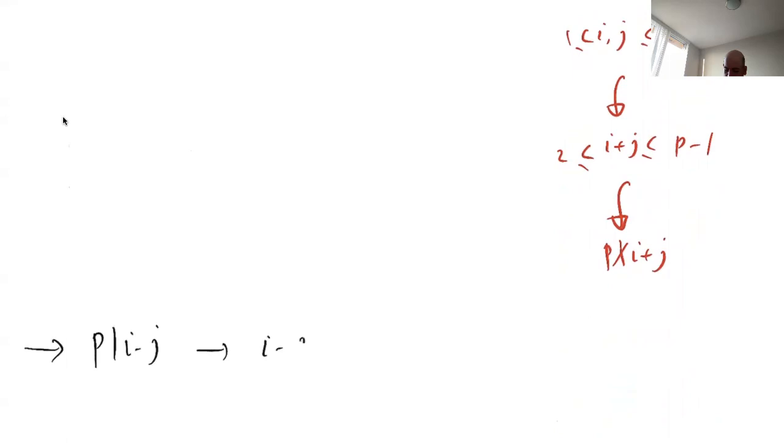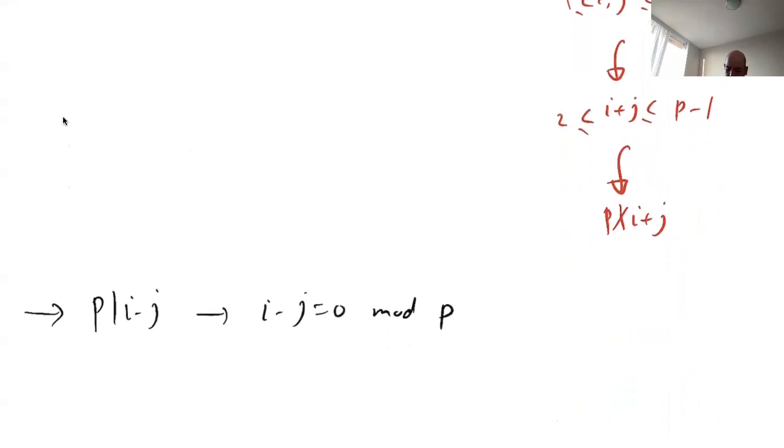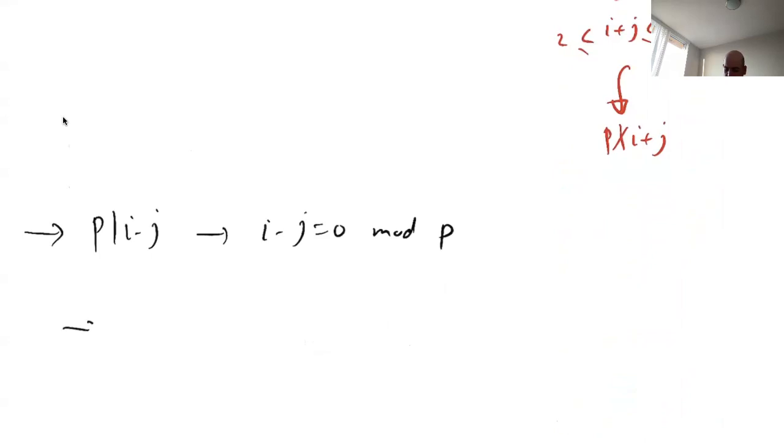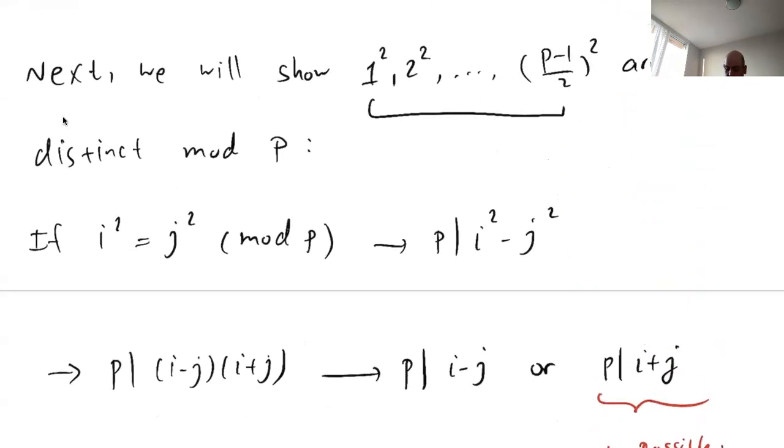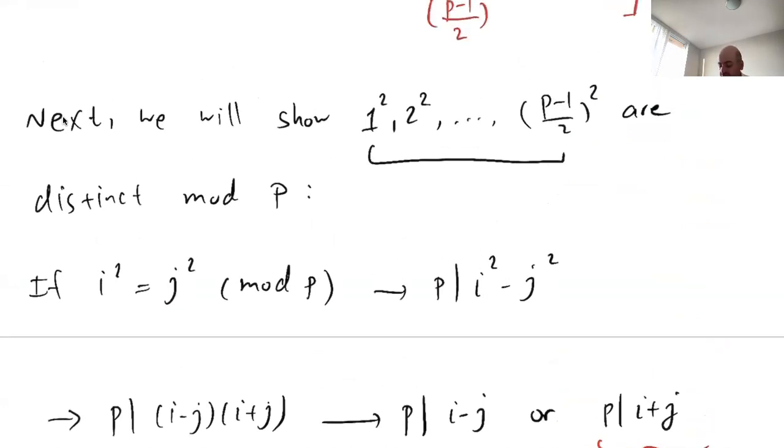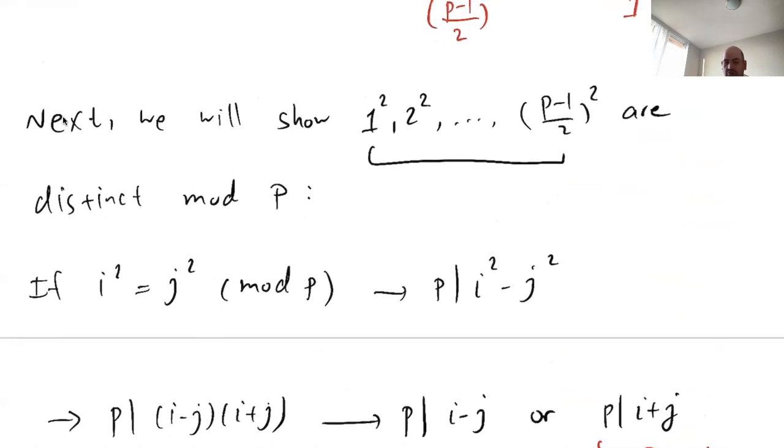And that means i minus j equals 0 mod p, right? Remember, multiples of p are 0 in Zp, or mod p. And that means i equals j mod p. So if the squares of two numbers are equal, then the two numbers must be equal themselves, right?